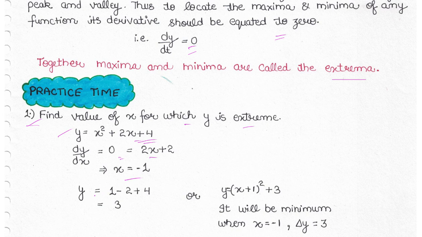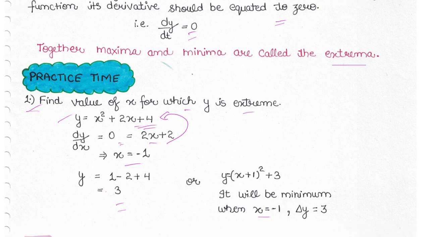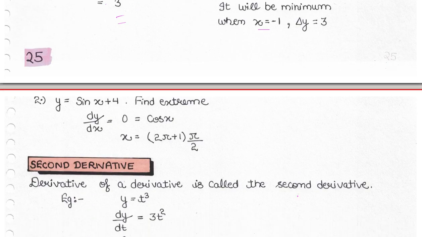If we put the value of x in this function, we get y is equal to 3. Or we can also write (x plus 1) whole square plus 3, and it will be the minimum when x is equal to minus 1, or y is equal to 3.